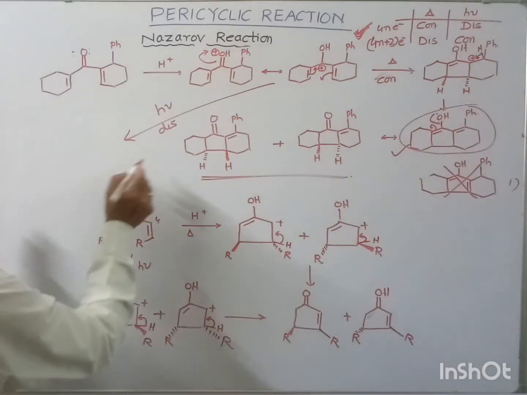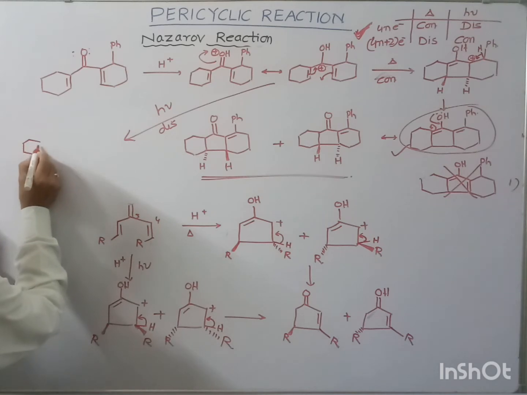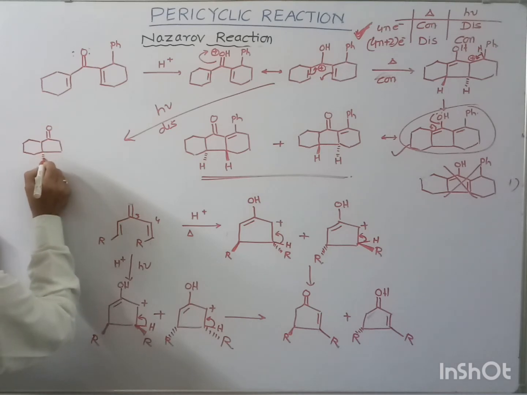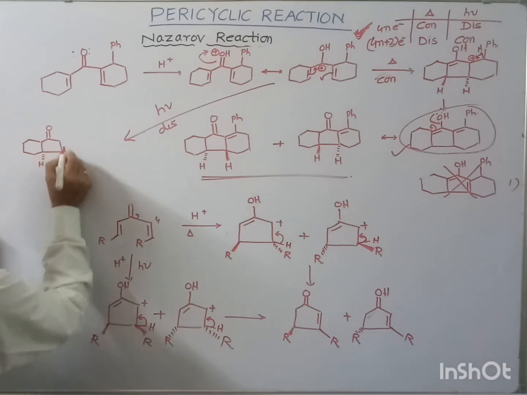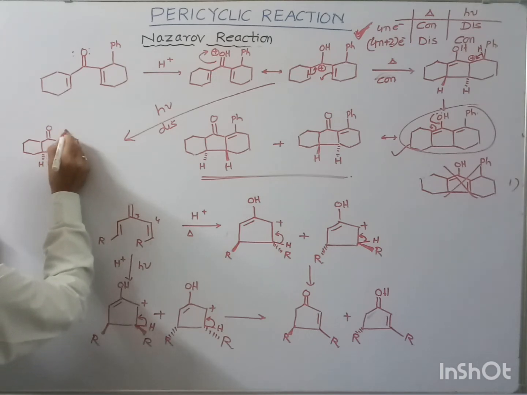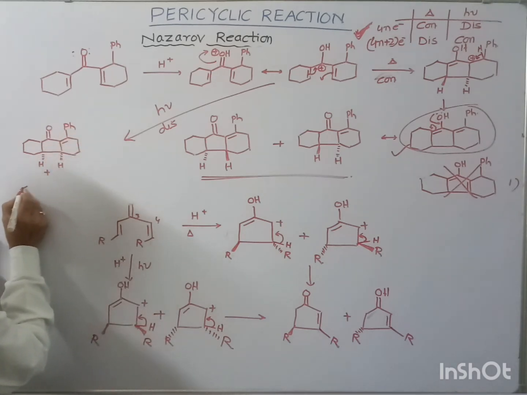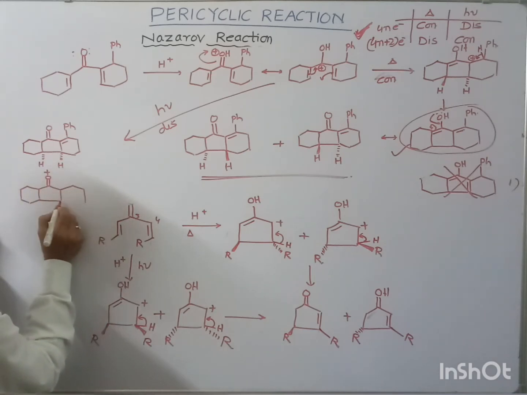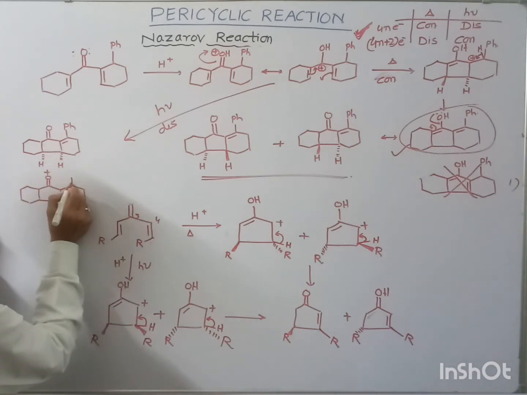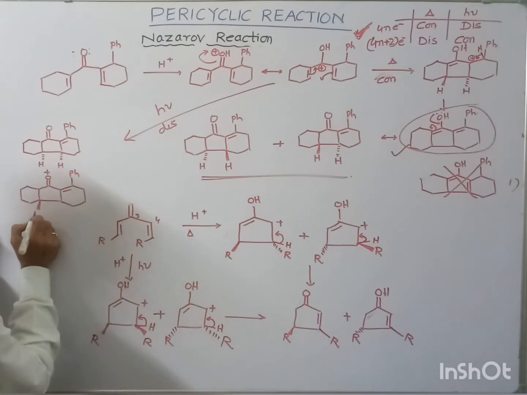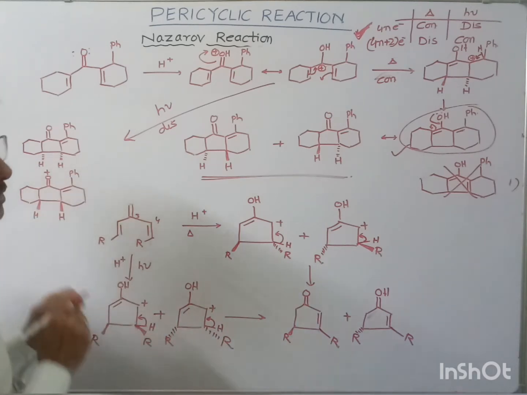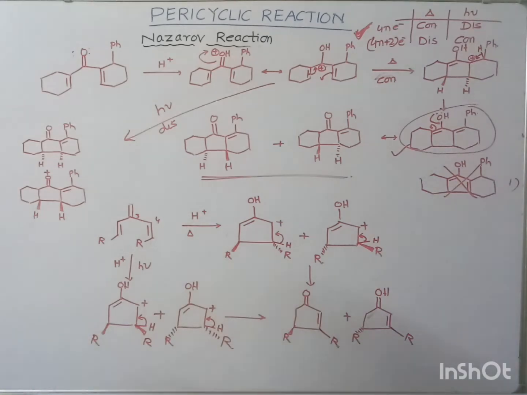So the final product formed would be this: both hydrogens below the plane and both hydrogens above the plane. Okay, so this should be the product in this case.